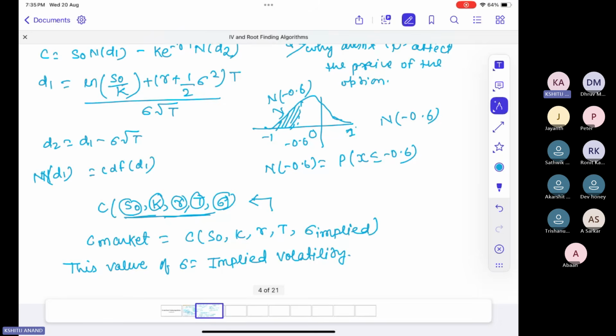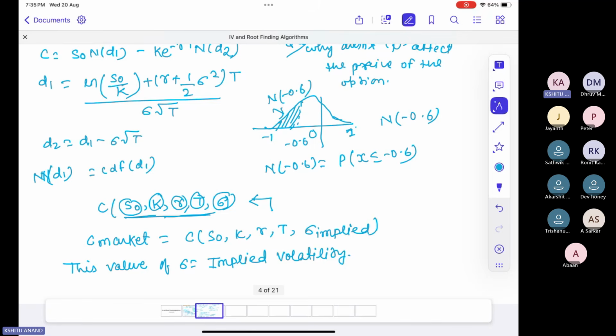So this particular value of sigma is called implied volatility. So now you have heard the word implied volatility a lot. Now you at least understand what's the meaning of implied volatility.